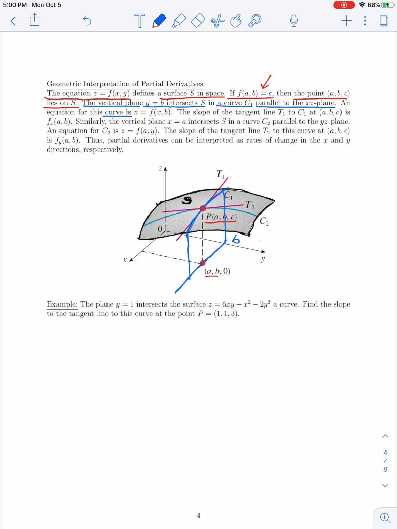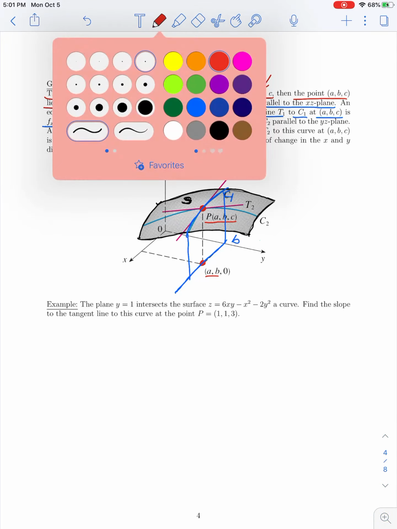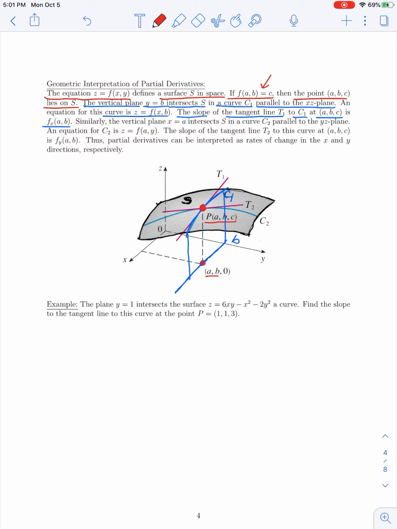So an equation for that curve is z equals f of x, b, and the slope of the tangent line T1 to that curve C1 at the point a, b, c is given by the partial derivative of f with respect to x at the point a, b. So if we're considering holding y as a constant, a plane passing through a constant value of y, we define this curve C1 on our surface, and it passes through the point P on our curve.